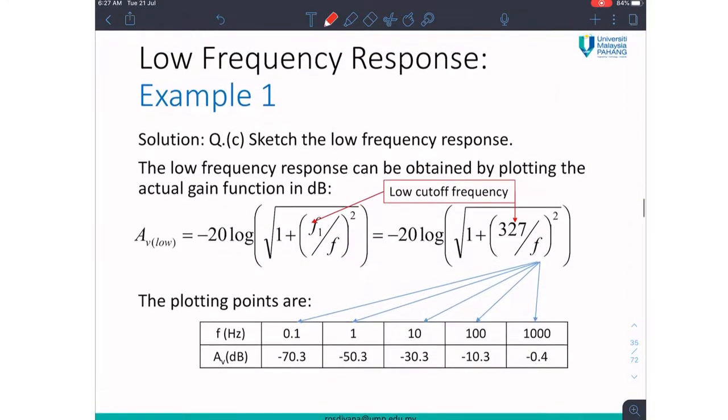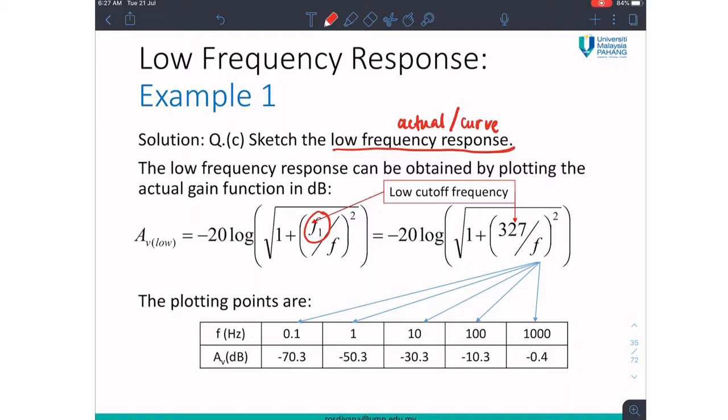Now we go to draw the low frequency response, or we say this is the actual response or curve. You already get the asymptote. So to get this one, you have to use this formula, the first formula. You insert your frequency here, 327.